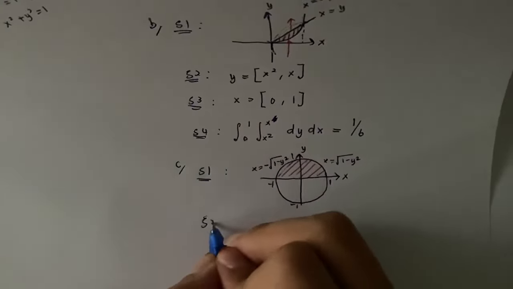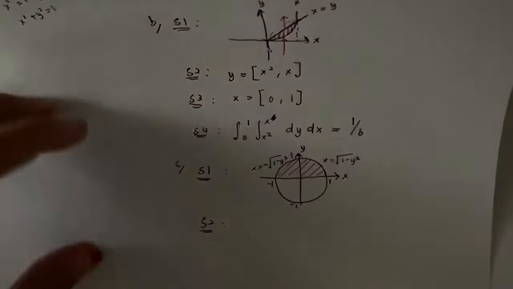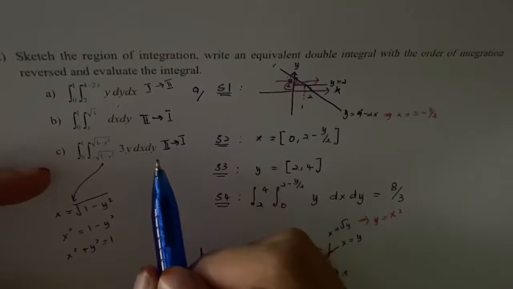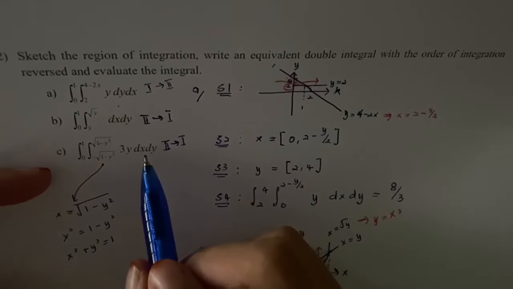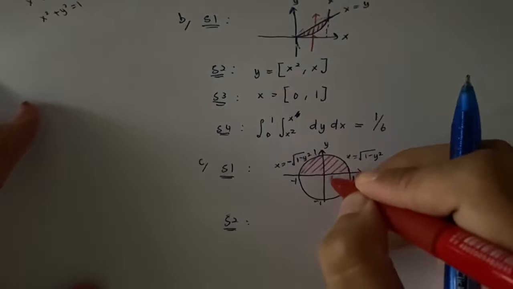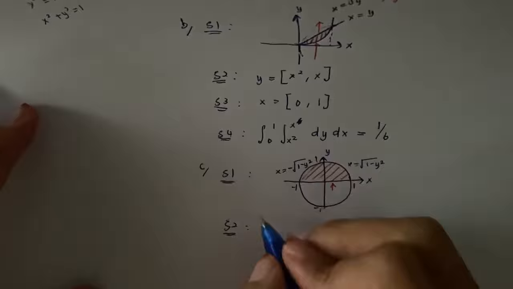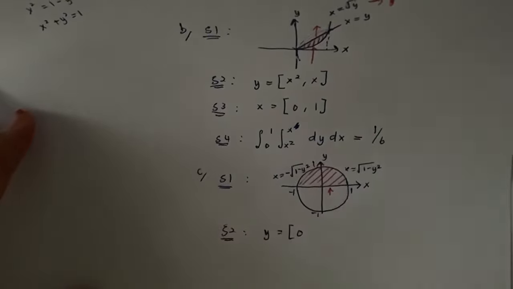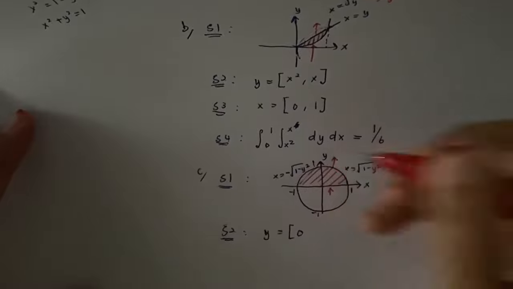So second step, you need to use the vertical line, because you want to find the first region. So the vertical line for y, the limit of y is from 0, and the upper limit is this line.